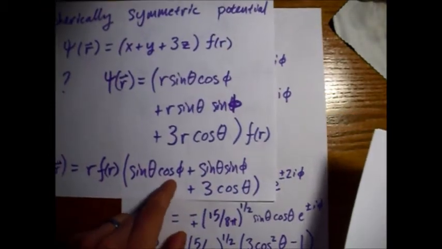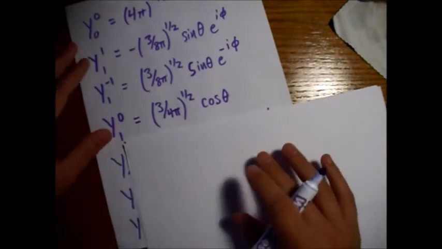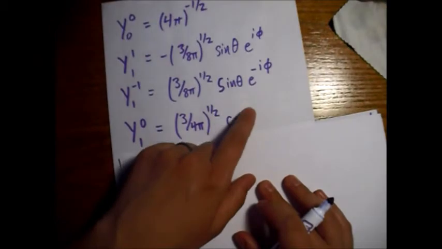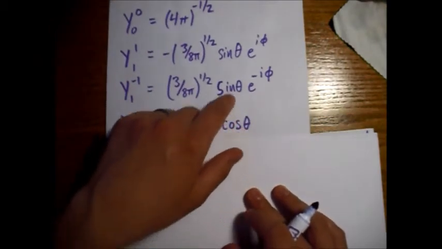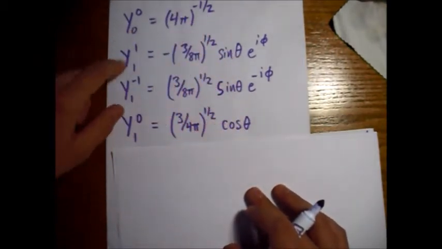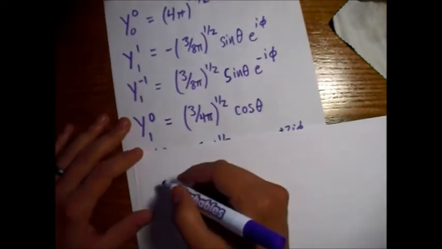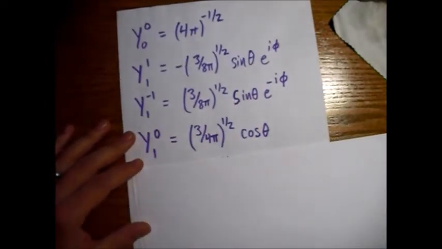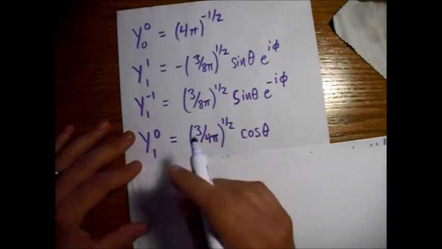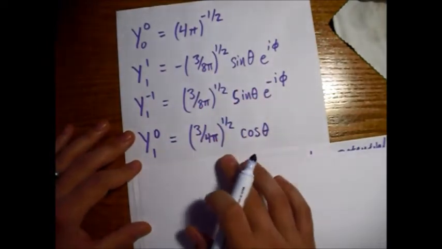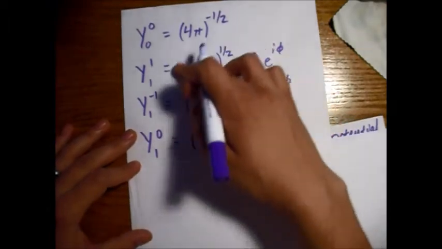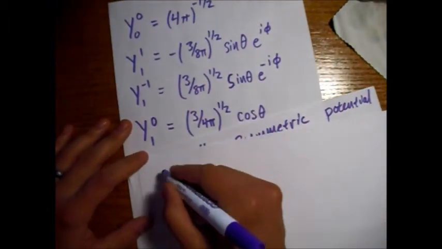This is all written in terms of sines and cosines, so let's try to get each sine and cosine in terms of spherical harmonics. I'm going to write this with a bit of a shortcut, just to get rid of these factors so we don't have to write them every time.